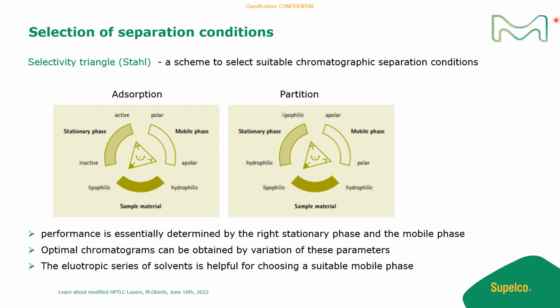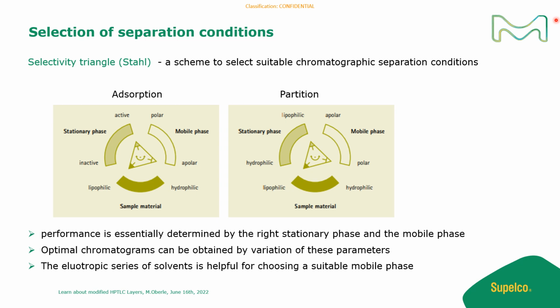So optimal chromatograms can be obtained by variation of these parameters for a particular separation problem. When the high-level conditions are defined, a look at eluotropic series of solvents is helpful. In this table, the solvents are listed in order of increasing elution power, and it's helpful for choosing a suitable mobile phase.